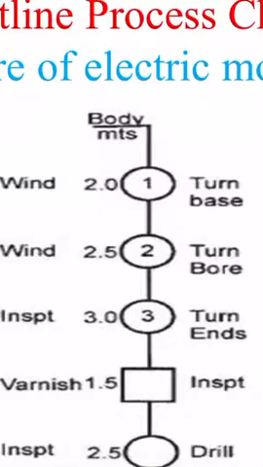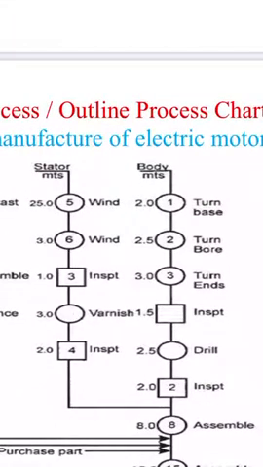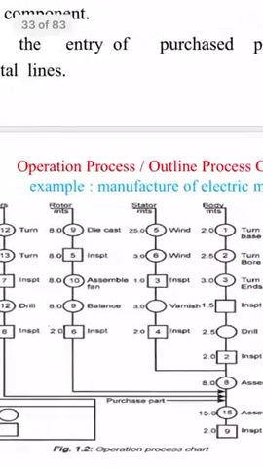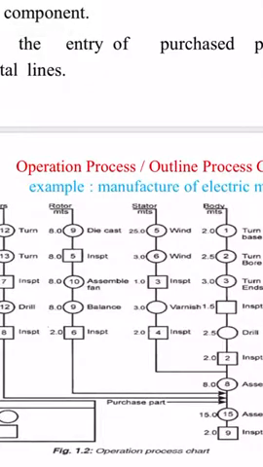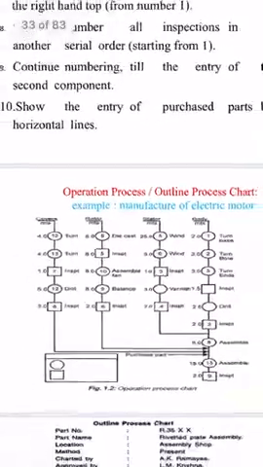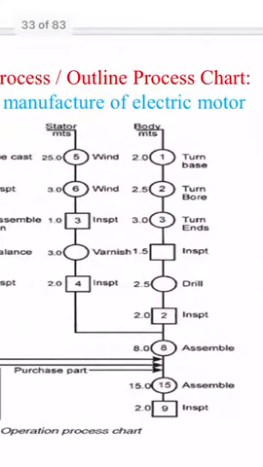In this way we can record all the activities related to this operation. So this is your first part, the body, then second is what? Your stator manufacturing, then rotor manufacturing, and then cover manufacturing. All these symbols are then assembled, we need to assemble all these parts. This is also one activity, that's why it is 8, equal to the activity time.